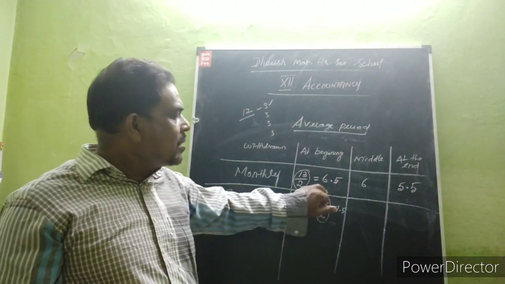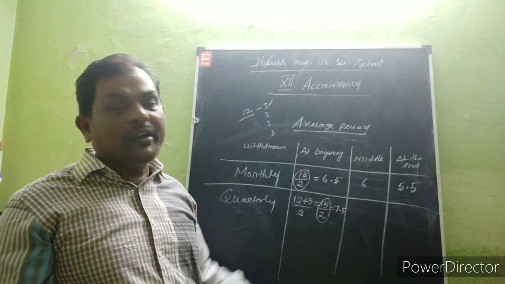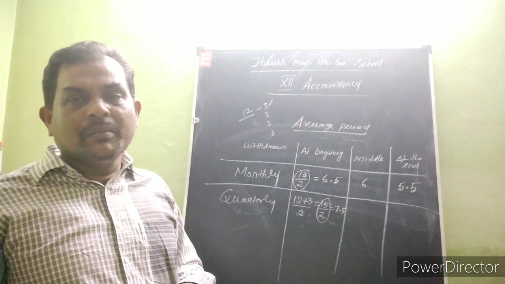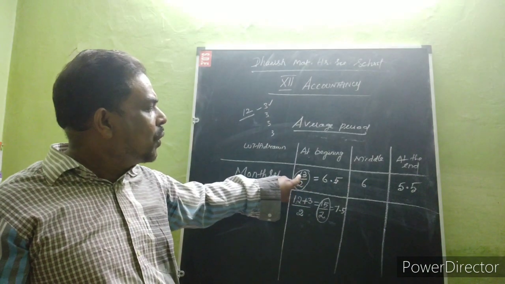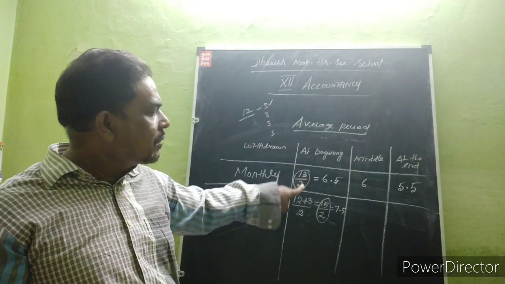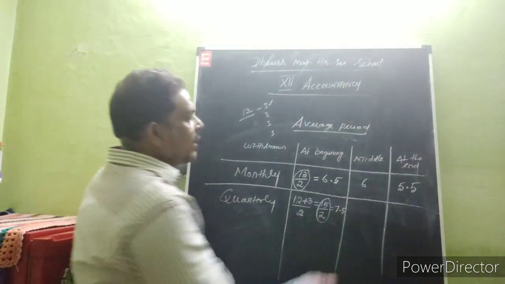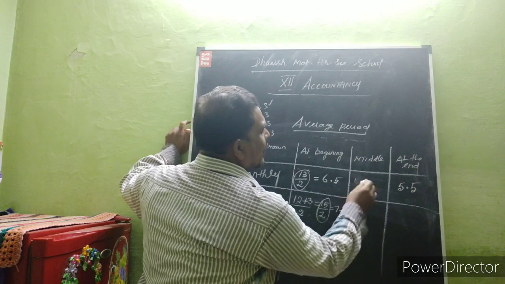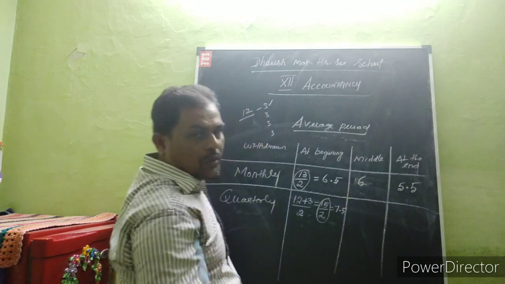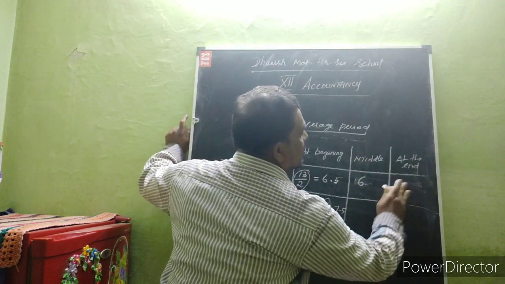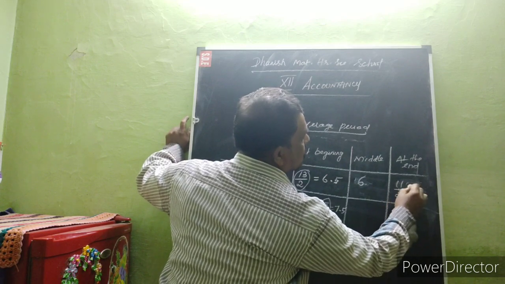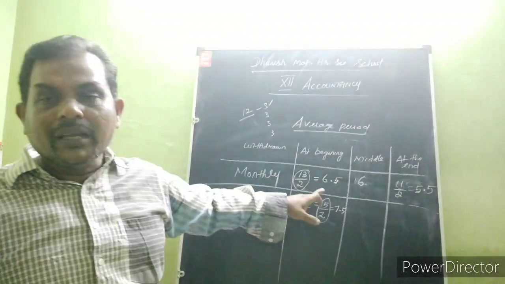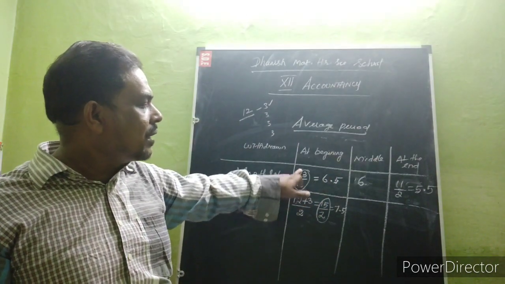If you put 6.5, it is a decimal, and some people will find it difficult to multiply with a decimal number. So what you can do is use 13 by 2 in the average period. Here 12 by 2 is 12, here 6 is no problem, and here 5.5 means 11 by 2. So wherever a decimal number is coming, you can use 13 by 2.